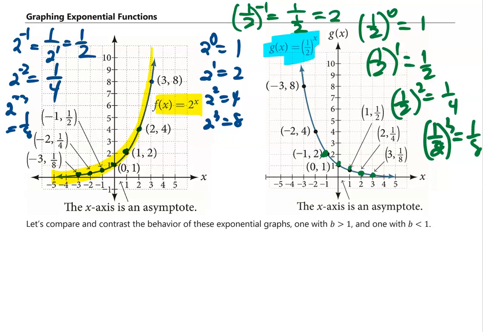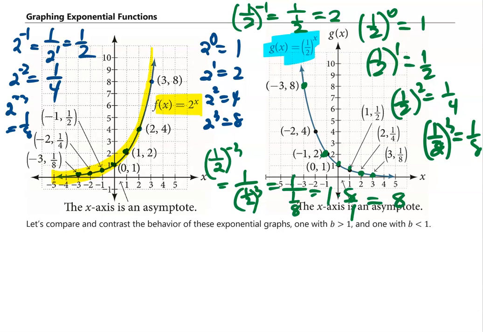Same thing with another one, I'm going to show you raised to negative 3. 1/2 raised to negative 3, that is 1 over (1/2) cubed, and that is 1 over 1/8. Get the reciprocal of this, 1 times 8/1. That's why it is equal to 8. And we know that the x-axis is a horizontal asymptote on both.